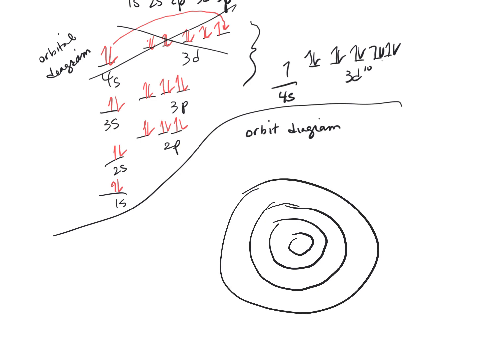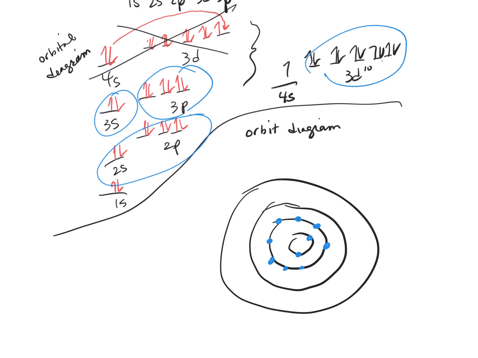So you're going to have 2 in the first one, n equals 1. There'll be 8 in the second one for n equals 2: 1, 2, 3, 4, 5, 6, 7, 8. N equals 3, you're going to have 3s, 3p, and 3d, right?